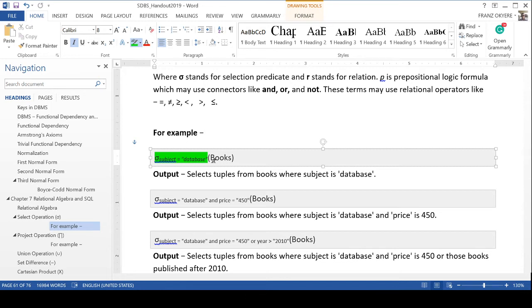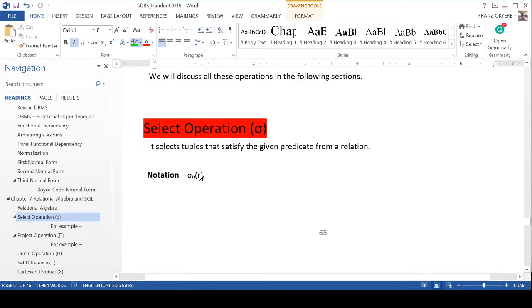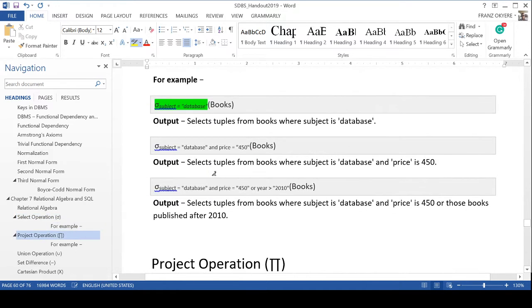So it meets this formula here. Books are the relation, then we have the propositional logic P. More or less, this is saying select from books where subject is equal to database.